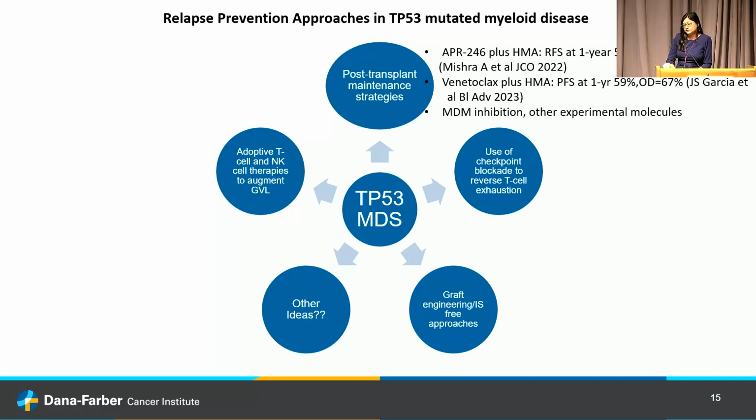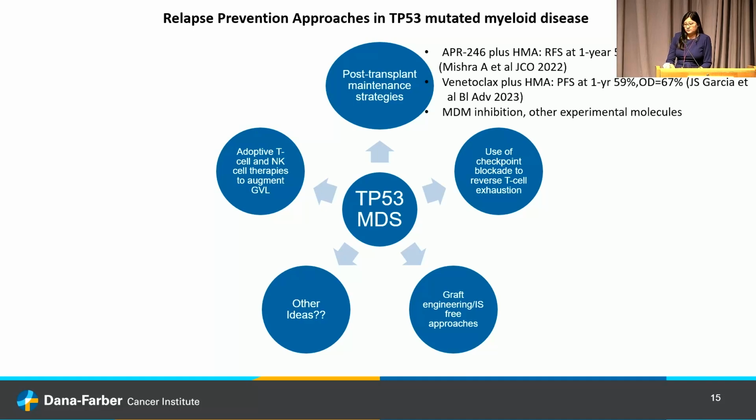This was a trial led by Dr. Garcia and a massive effort with, I think we're just going to enroll the 100th patient. So far, the overall survival is looking pretty good in the patients who got maintenance, and a little more than 50% had P53 alterations. So it remains to be seen where this will go in larger randomized studies, but it is certainly my go-to trial in the current scenario.